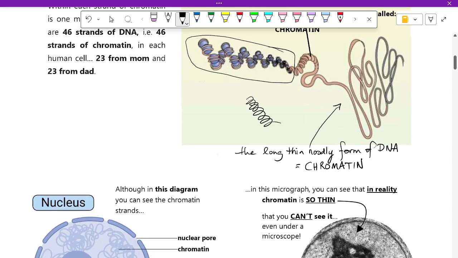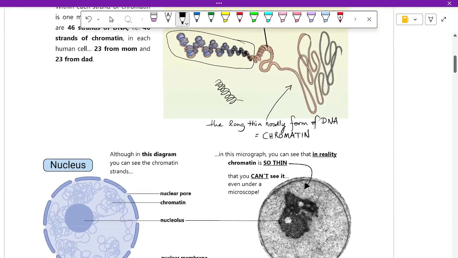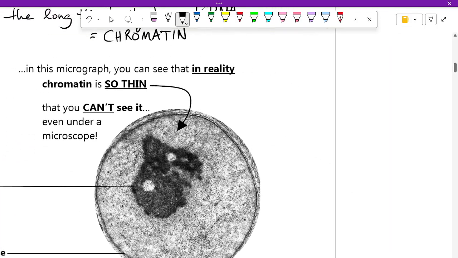And in the diagram, you can see the chromatin. Lucas? You can see the chromatin, but in reality, can you see the chromatin in the real picture? Anybody see anything that looks like noodles over here?